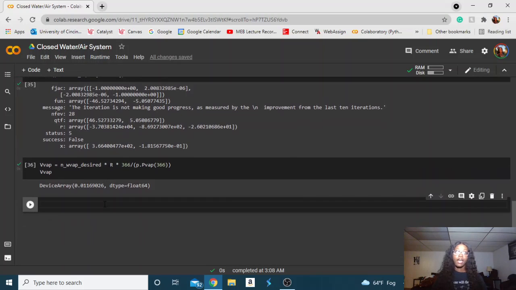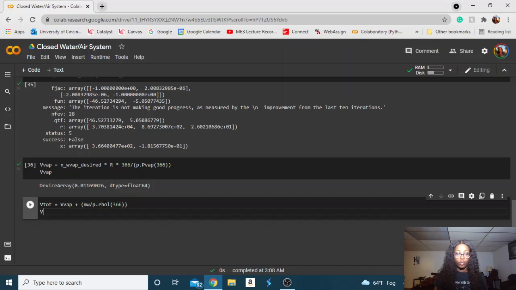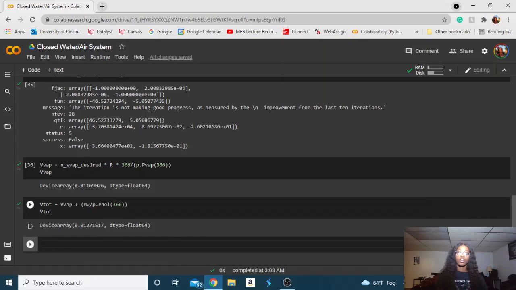So now all we have to do is input the equation for the total volume of the container. And like I said, take the mass of the water and divide it by the density of the water at our assumed final temperature of 366 Kelvin, which will give us that the total volume of the container is 0.012 cubic meters.